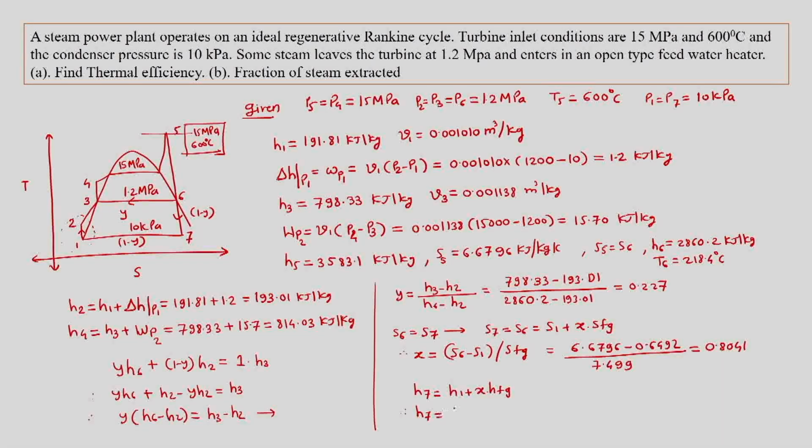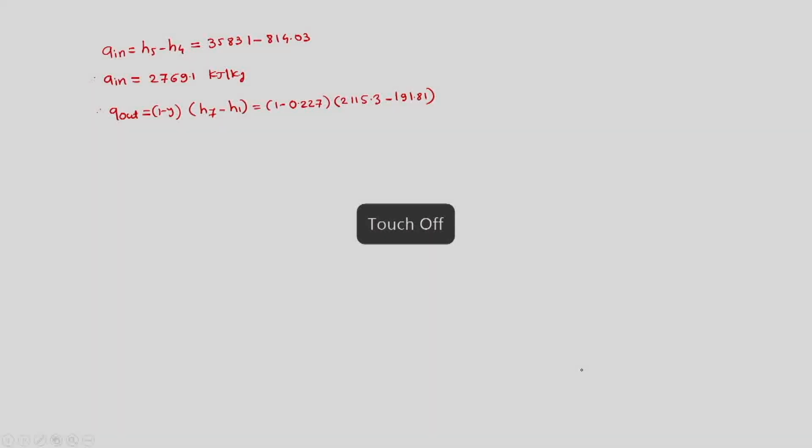Basically, H1 is 191.81 plus X into HFG, which is 2392.1, and this gives us 2115.3 kilojoule per kg. This H7 is used to find Q out, and we get Q out to be 1486.9 kilojoule per kg.